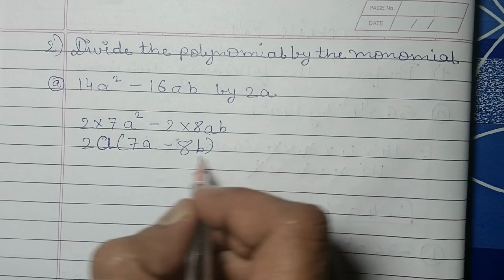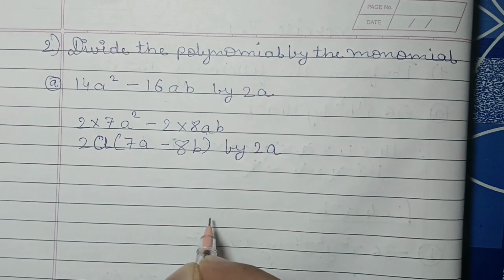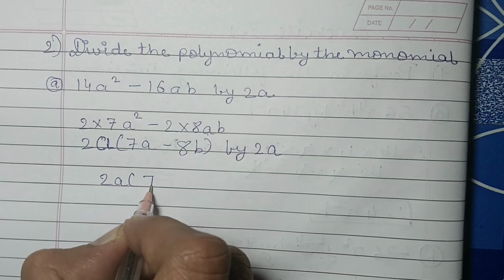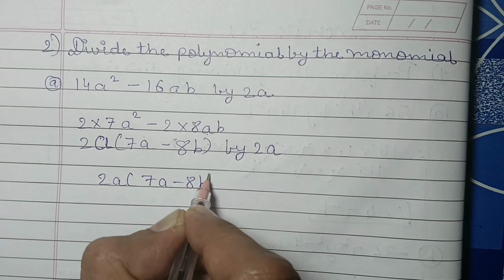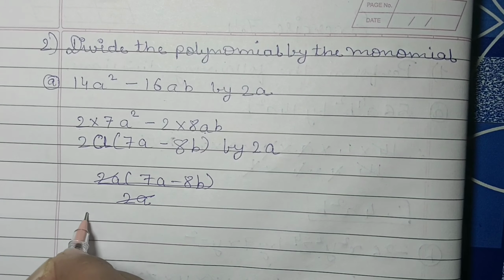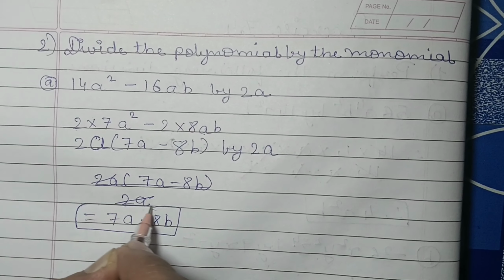Okay, so we have to now divide this term by 2a. So 7a minus 8b divided by 2a, we can cut out 2a. So our answer will be 7a minus 8b.